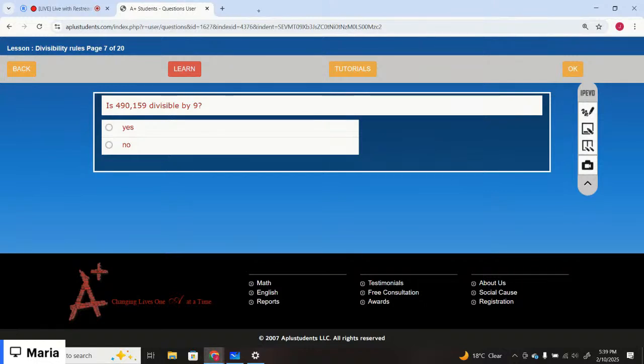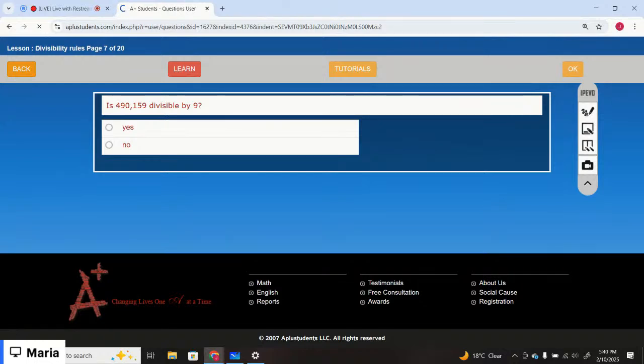Okay, you can complete the lesson by yourself later today. So we were working on grade 4 math. The chapter we were working on is division.